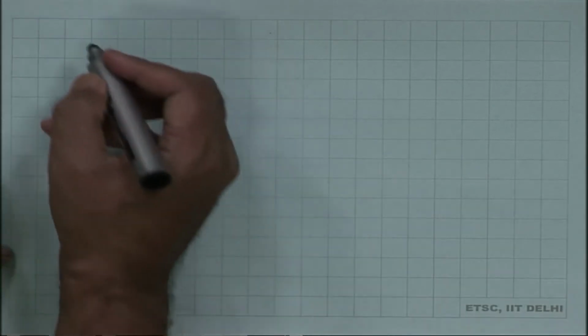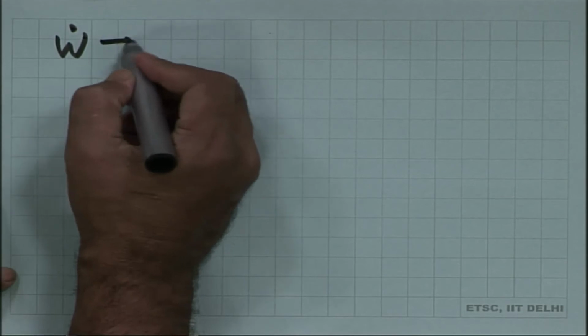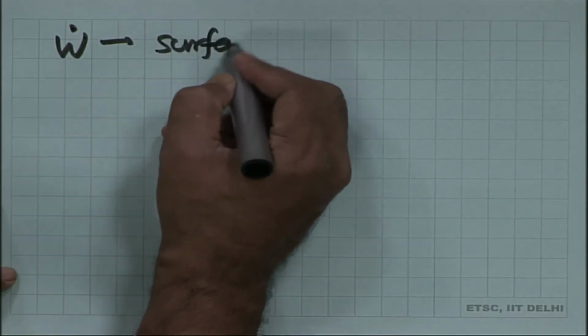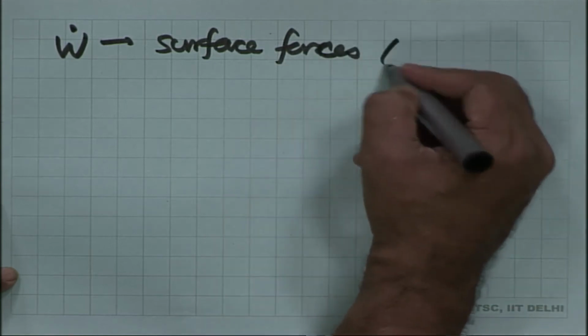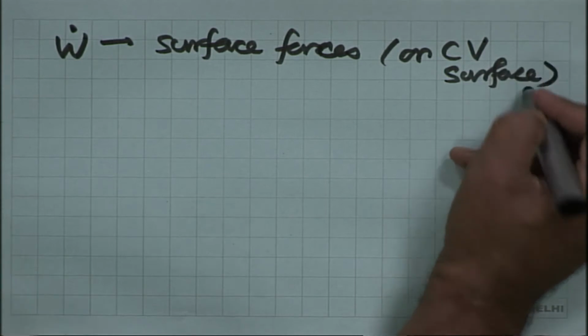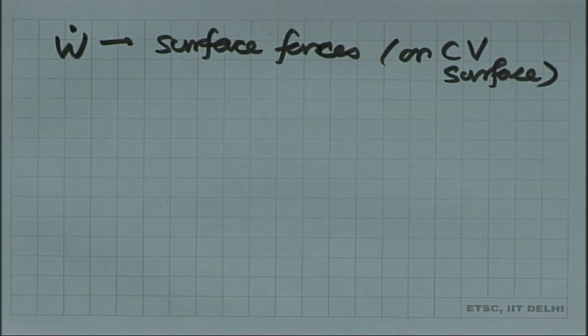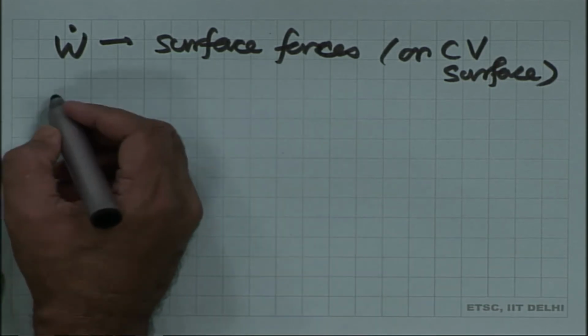Now, other than that, W dot will consist of work done by surface forces on the control volume surface. The work done by body forces has already been, as I said, accounted for in the gravity term, which comes as a part of potential energy. Now, surface forces on the control volume.